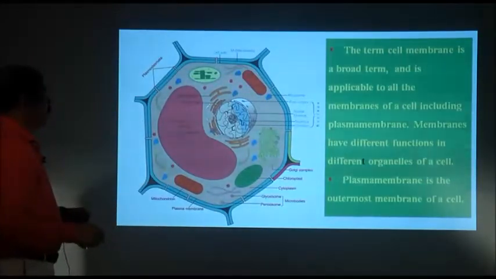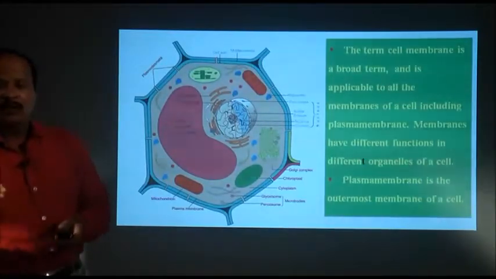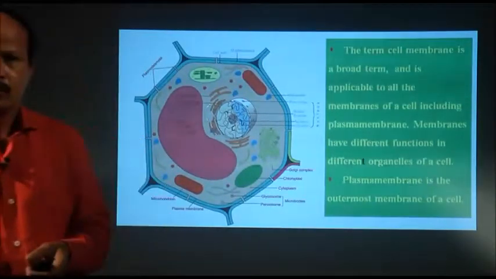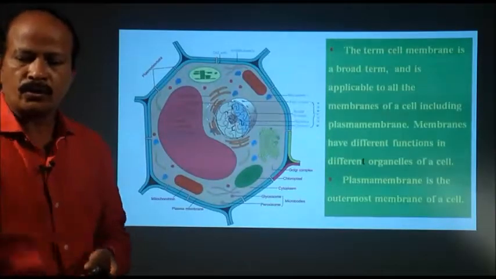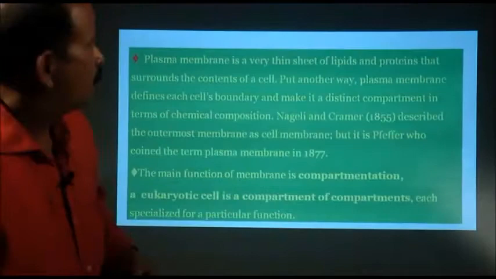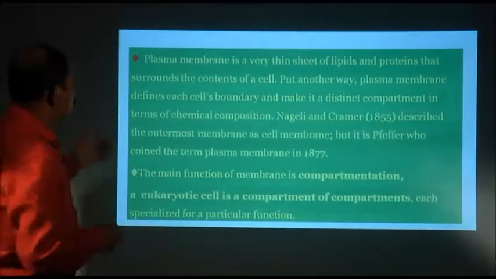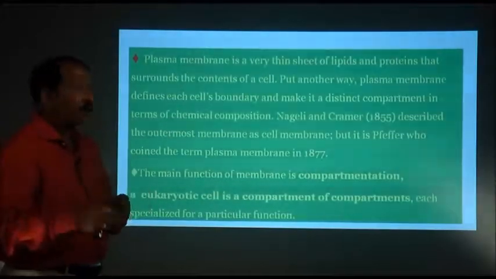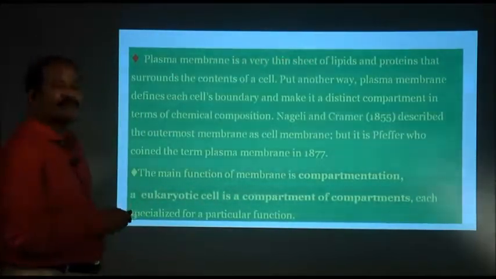Now, all these membranes have different functions and different variations in their structure, but the thing is they are built in the same basic design. So, we will mostly focus on the plasma membrane. Plasma membrane is a very thin sheet.